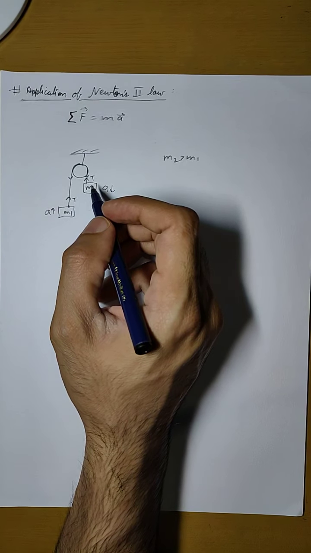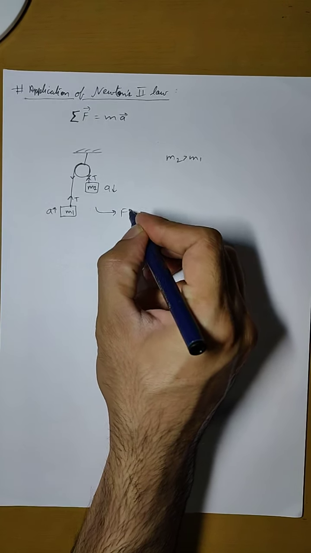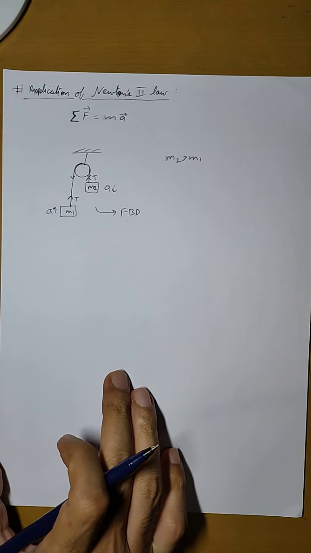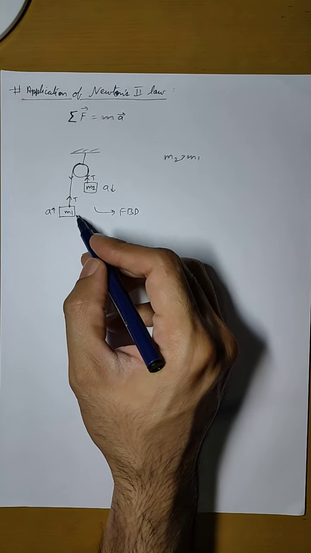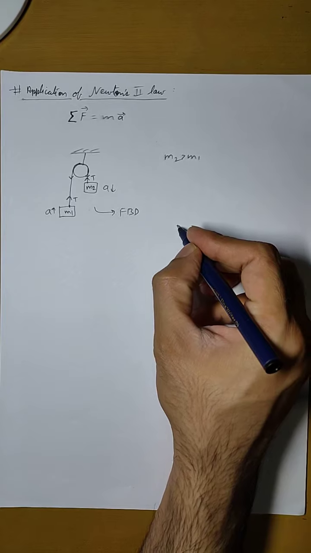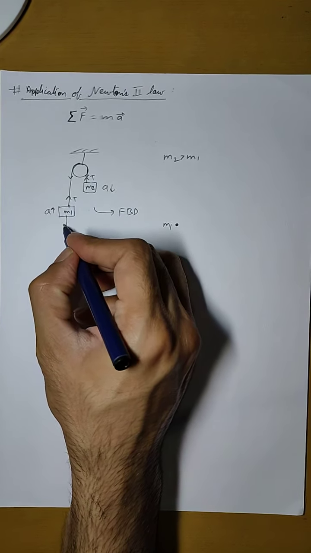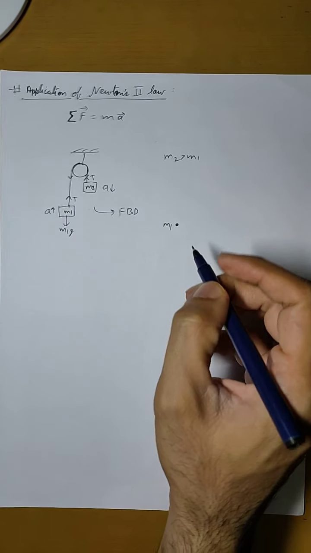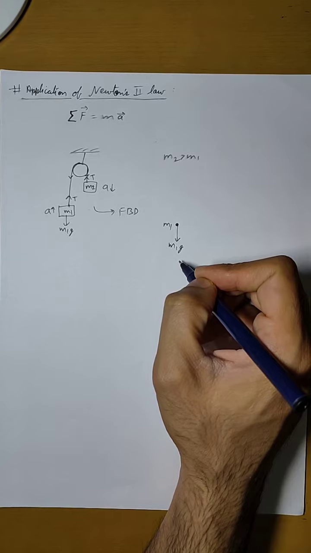Now if we make a free body diagram of this situation, then for each one of them, let us say for m1 first. For m1, its weight is directed downwards, so there will be m1g in the downward direction.